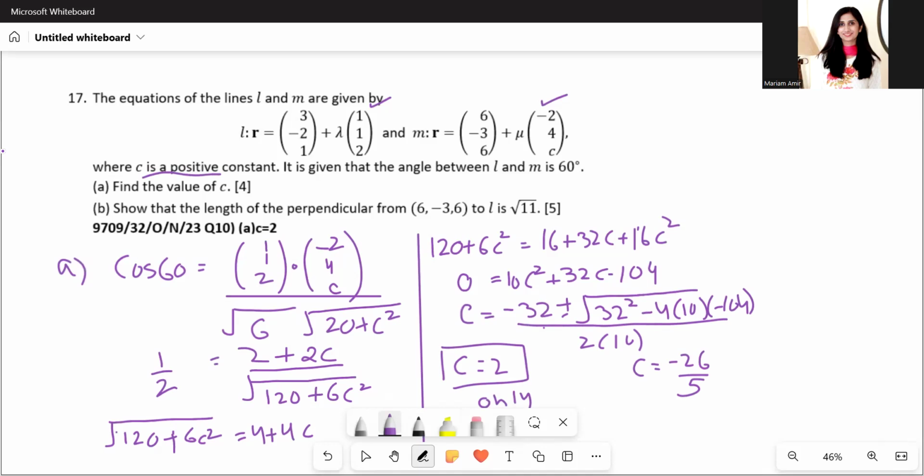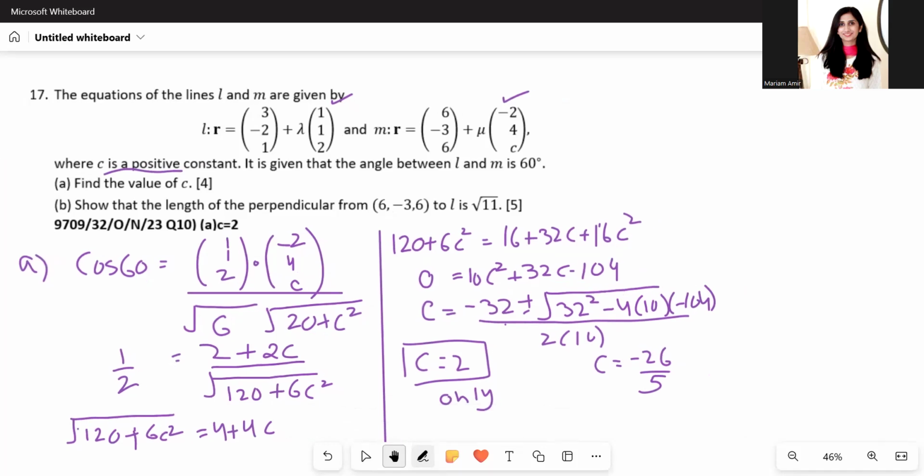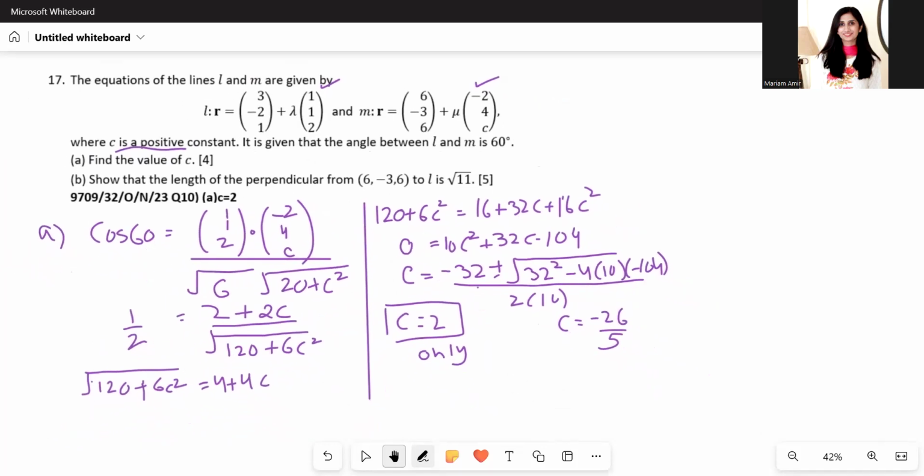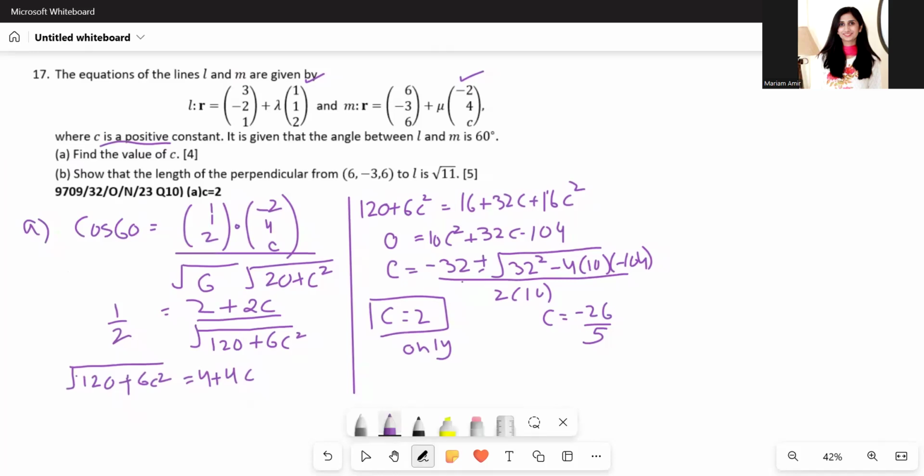Okay. Part B says, show that the length of perpendicular from this point to the line L is root 11. All right, let's do that. So the point is, let's call it P, (6, -3, 6).